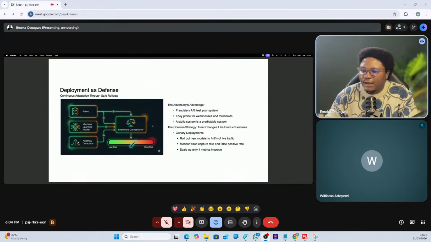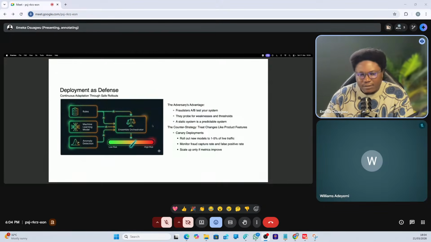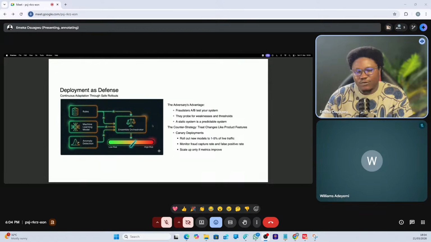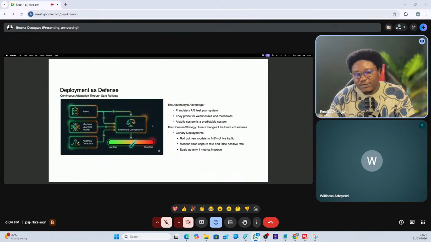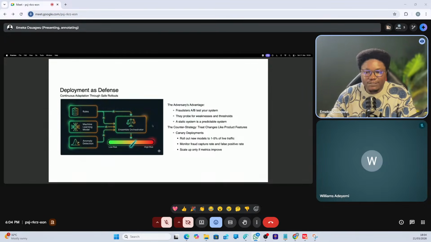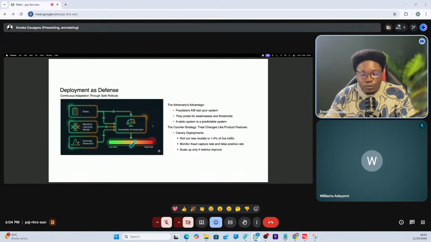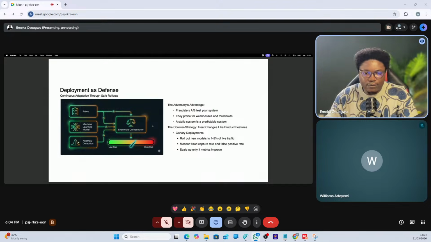Again, some of the advantage of this is that we can do incremental rollout. So what do I mean by incremental rollout? If we have a particular new product as lenders, for example an organization starting with nano loans, and we know that nano loans have a different type of risk involved.